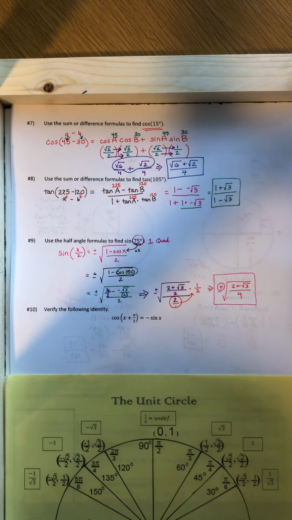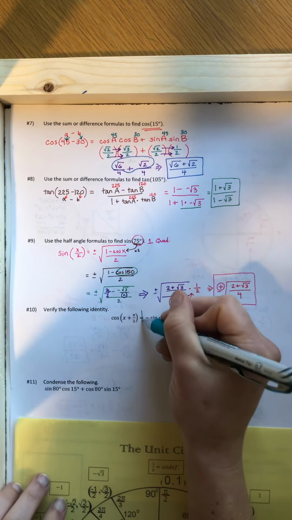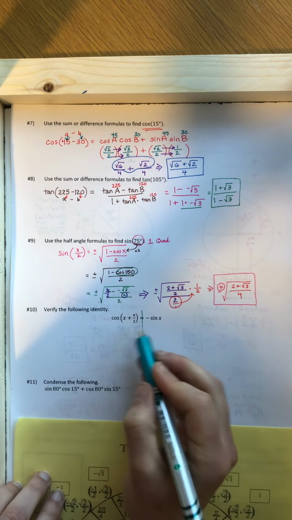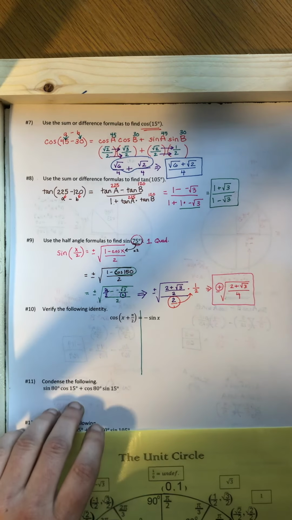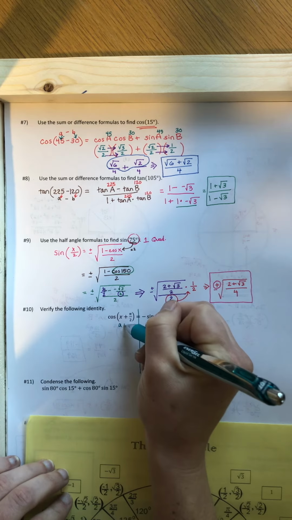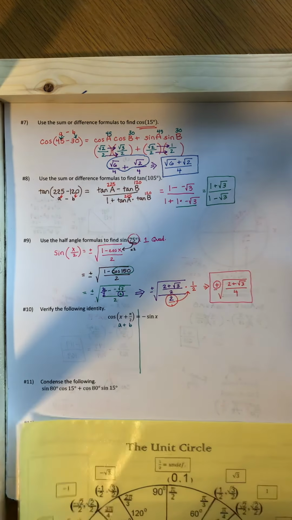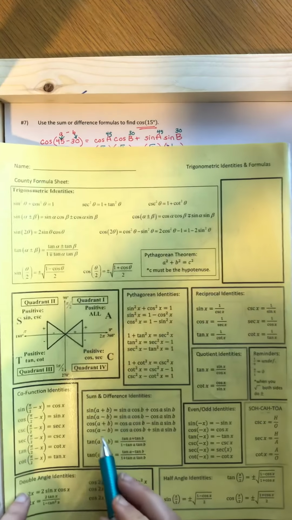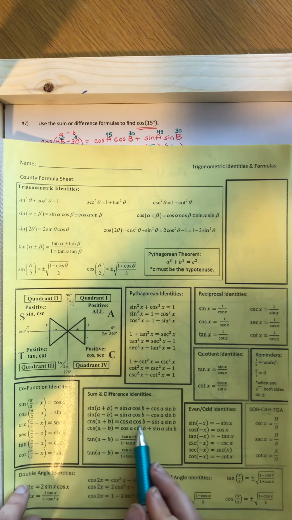Now to verify an identity, that's where you draw the line and you try to make this side equal the other side. So I have a cosine of something plus something. So that's a cosine of A plus B. So I'm going to write down that formula. Cosine A plus B is this one here.